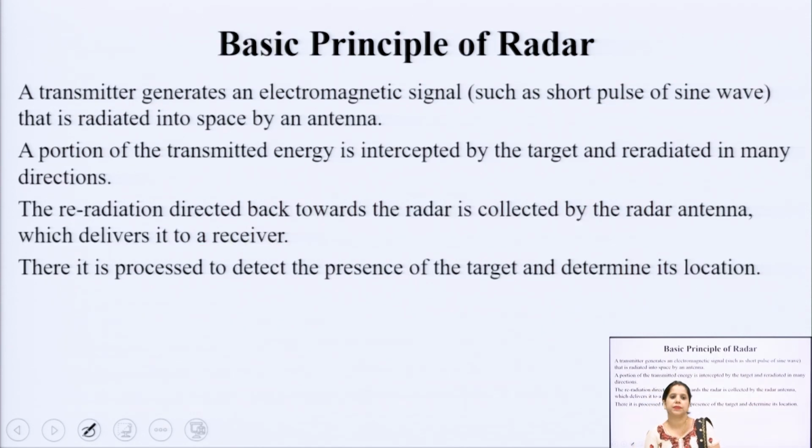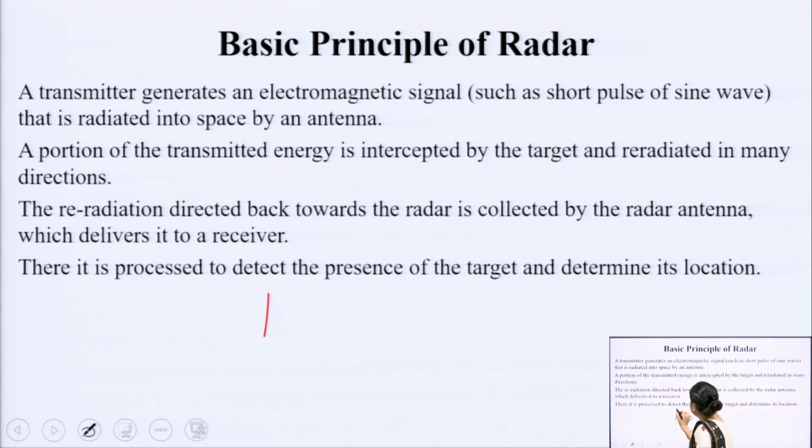Now comes the basic principle of a radar. It consists of a transmitter section. The transmitter section generates an electromagnetic signal in the form of a short pulse of a sine wave, and it is radiated into space. Of course, whenever we talk about EM waves, they are radiated by an antenna.